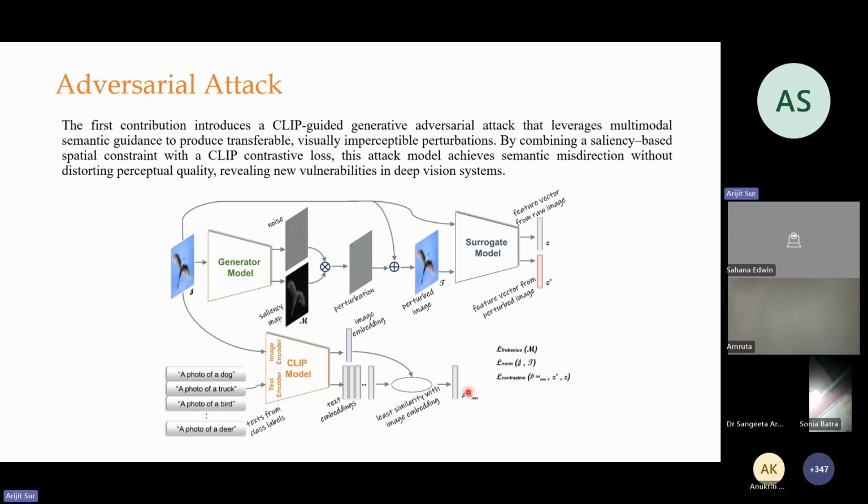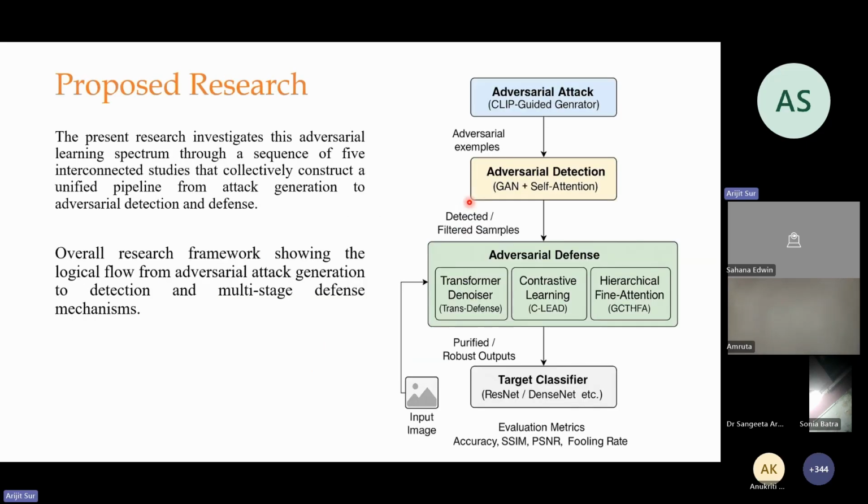The p-text is basically from the CLIP image encoder and text from class labels, and we fuse these two to get the p-text. We use this as a contrastive loss between these two. So we get this attack so that it looks very natural, a very hard and sophisticated adversarial example. So this is the one thing.